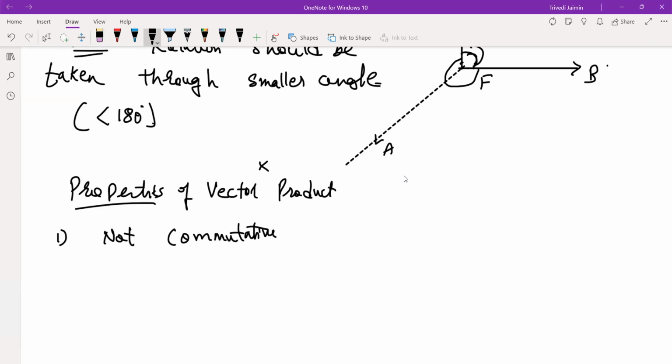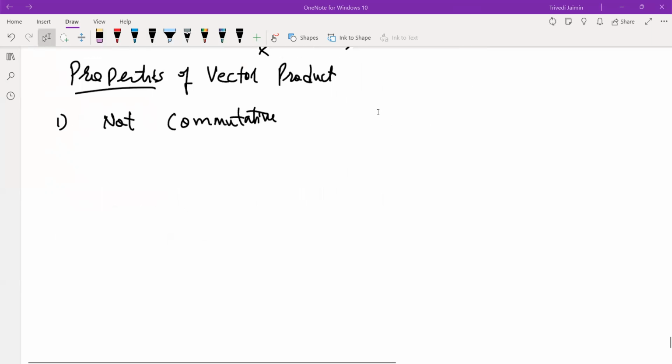What is the commutative property? A plus B is equal to B plus A. Here with cross, A cross B is not equal to B cross A, because it is not commutative.